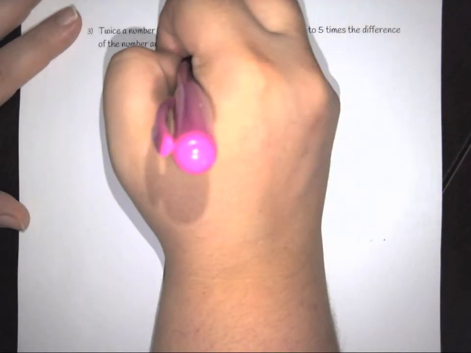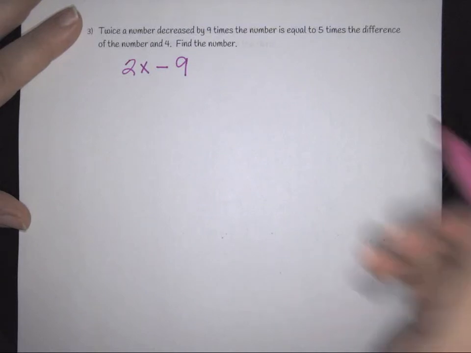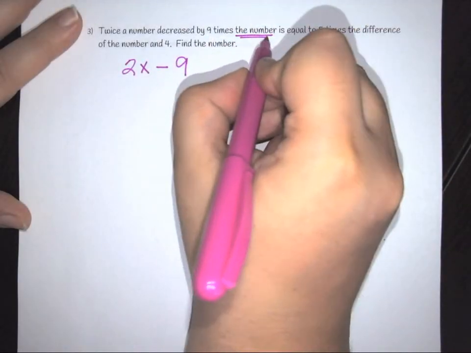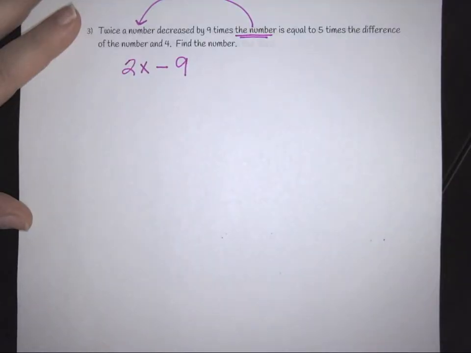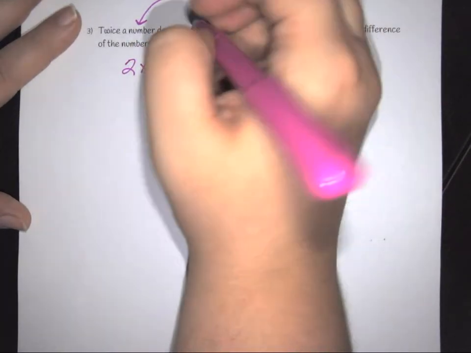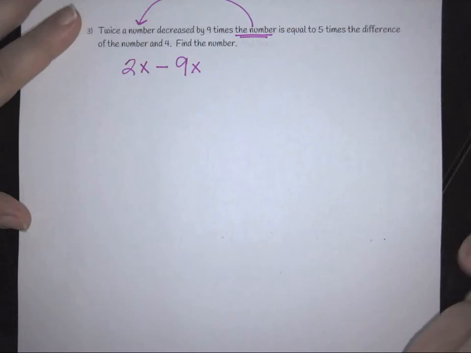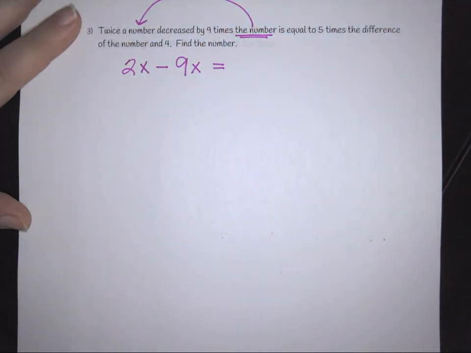So again, 9 times is going to be multiplying, so I have a 9. And then in this case, the number is actually referring to the beginning of my sentence, where I had a number to start with. So since I labeled it as an X, I have to do that again. Now is equal to means your equal sign.